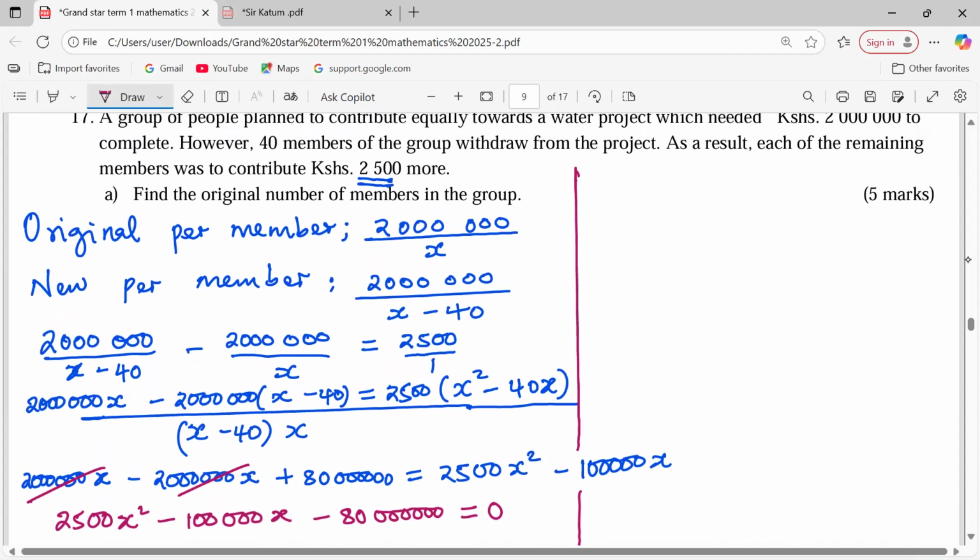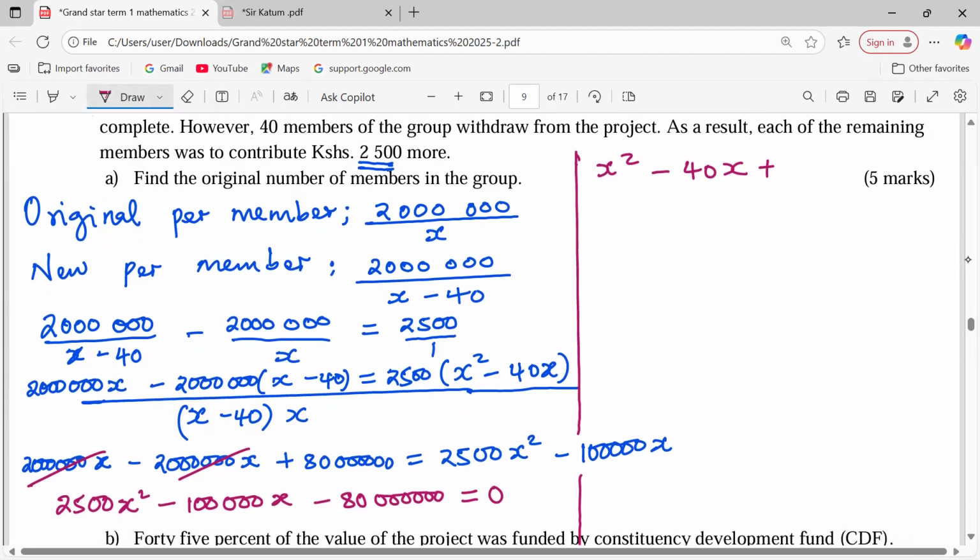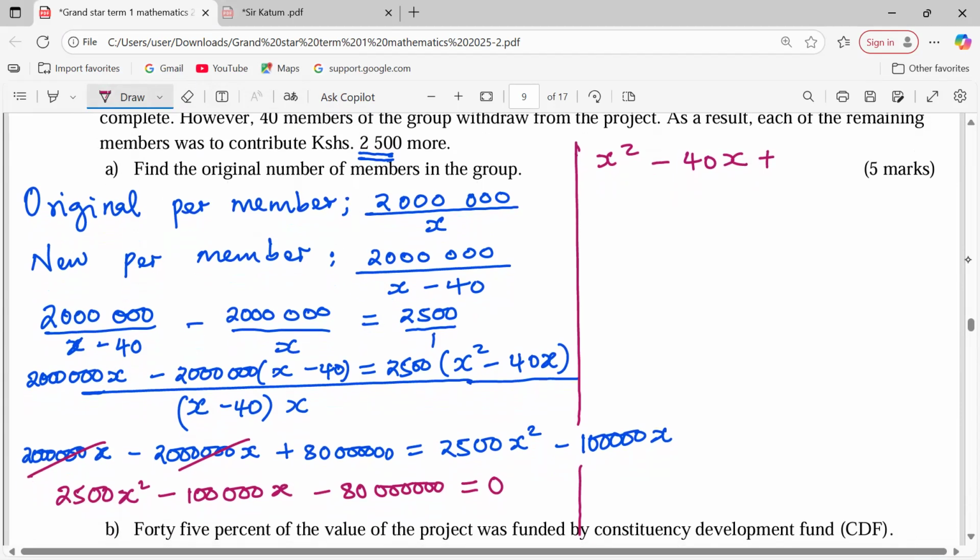So when we divide through by 2500, ladies and gentlemen, then we shall have x squared, then minus 40x, then we divide 80 million by 2500 and we get minus 32,000.